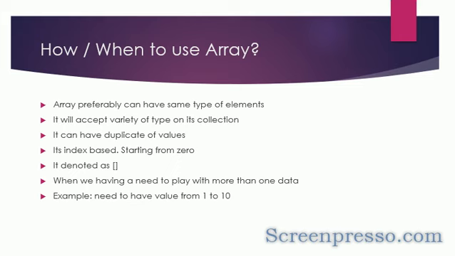The ending may vary depending upon the number of elements. It is denoted by square brackets. Okay, when can we go with the array? When we need to play with more than one data. Example, need to have values of 1 to 10. I hope you got an idea. Let's have some examples.